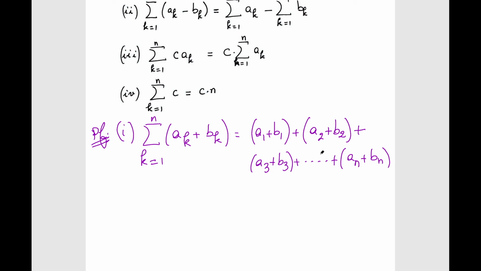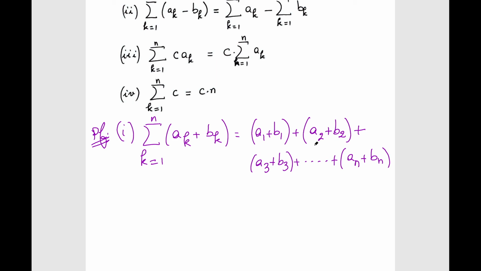And then, are the parentheses doing anything here? They're just grouping. Since addition is associative, I can drop these parentheses and group them the way I want, and since addition is commutative, I can reverse the order of any two.